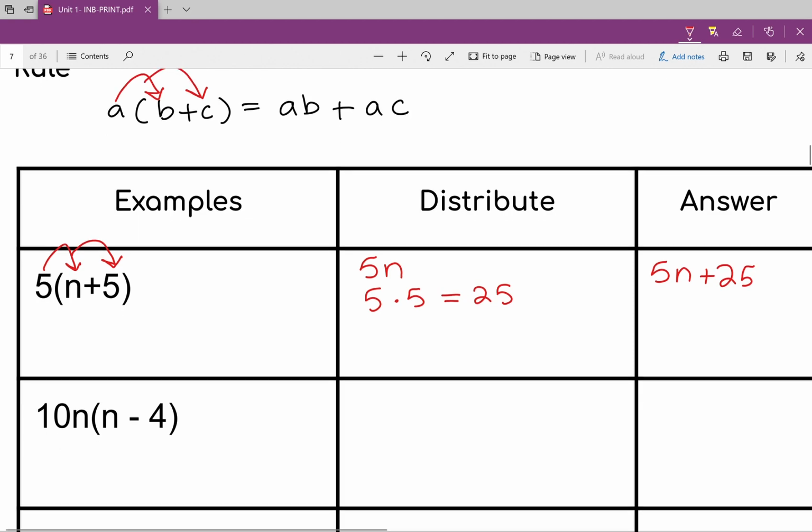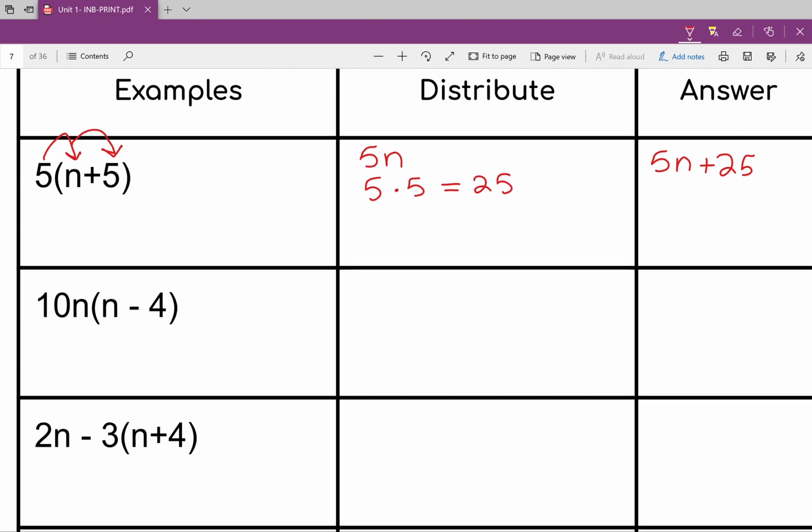Okay, so let's do the same thing for example 2. I have 10n being multiplied by n and 10n being multiplied by negative 4. So 10n times n is equal to 10n squared.